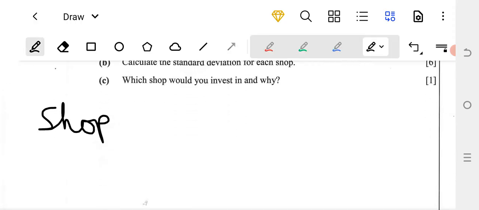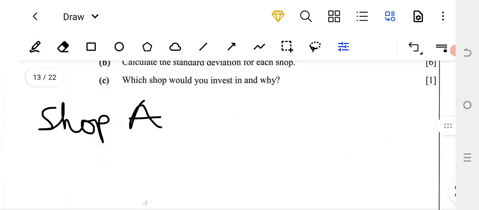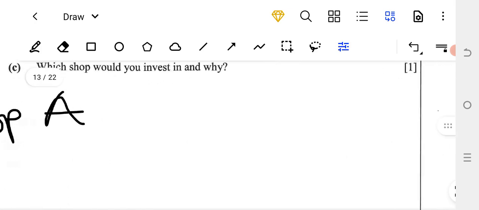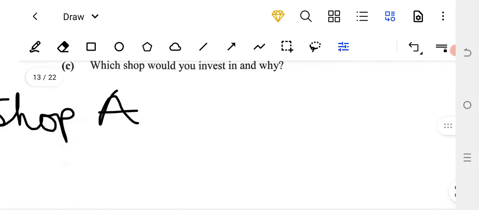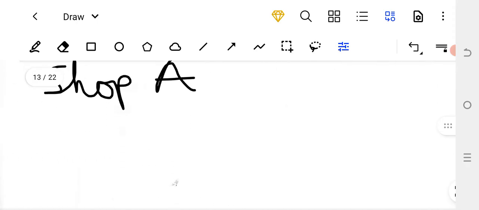Shop A. Then we draw about 7 columns. I'm going to zoom in a lot because of what is involved.